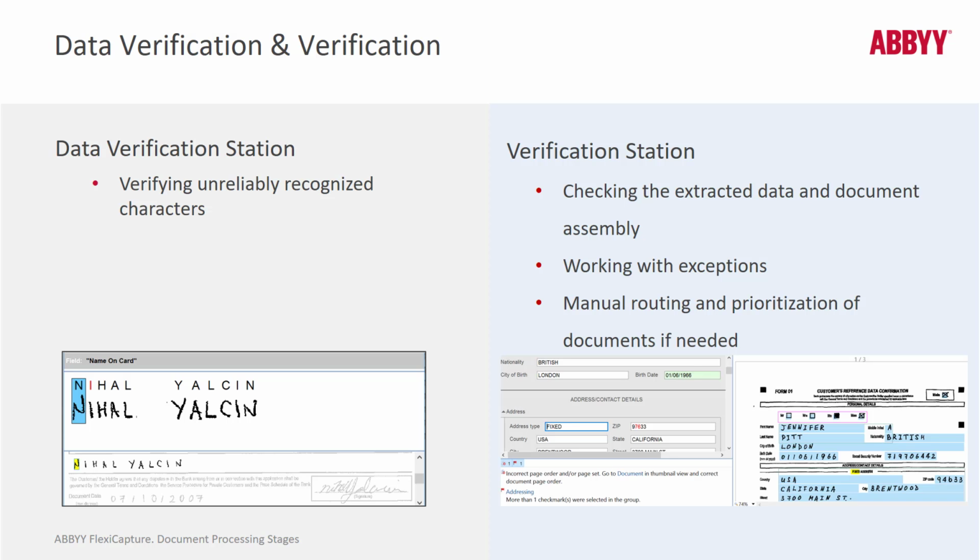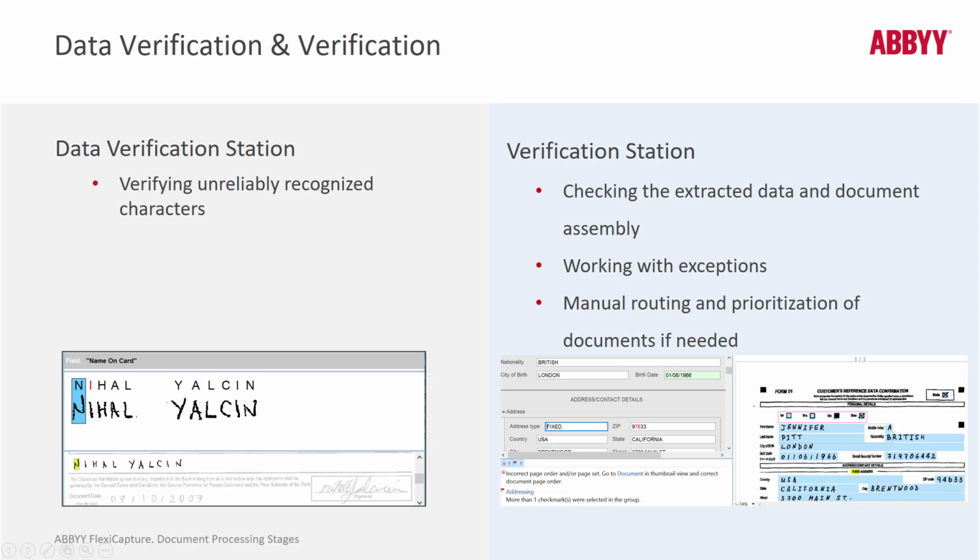It's very common to bifurcate the verification process so that data verification operators will take the first stab at a batch and they'll knock out all low confidence characters. And then the verification station operators are kind of more power users, and they're just resolving rule violations that are shown down here. Some rule violations can be fixed at the data verification station, but some cannot.